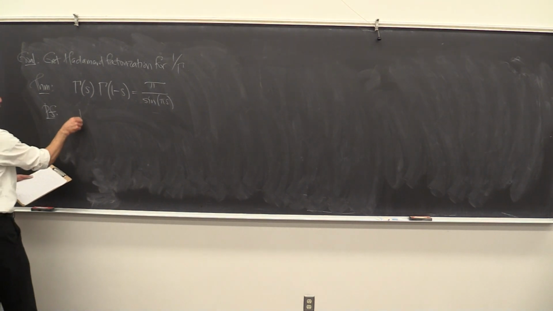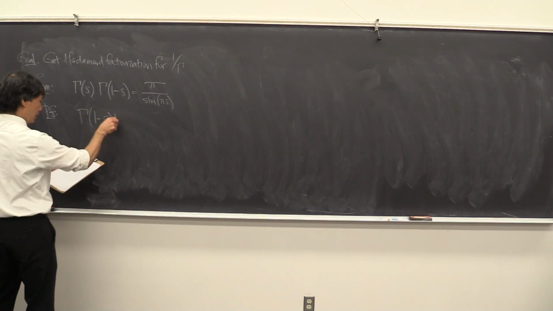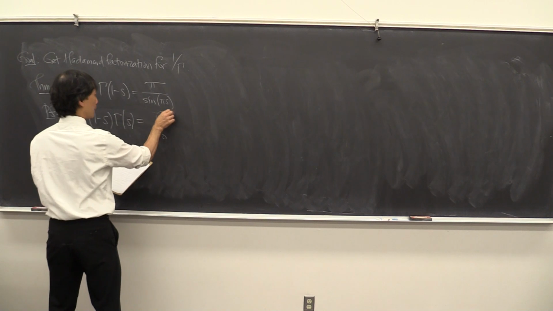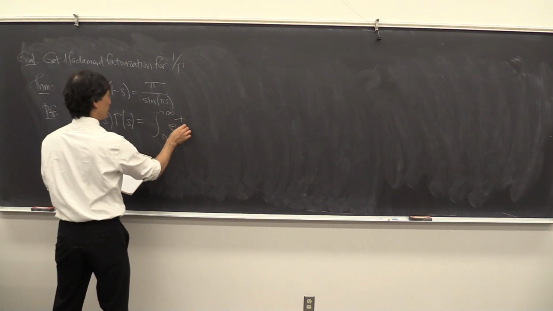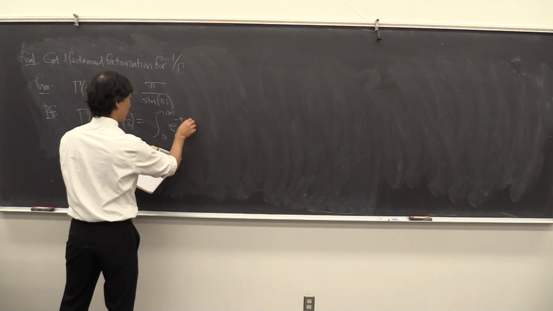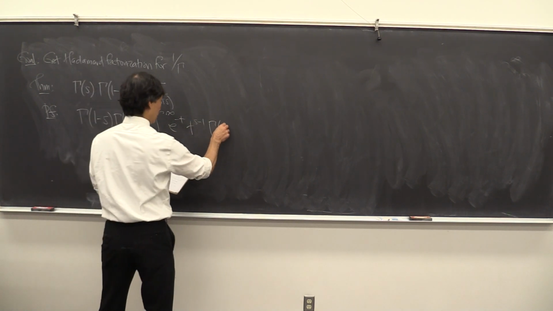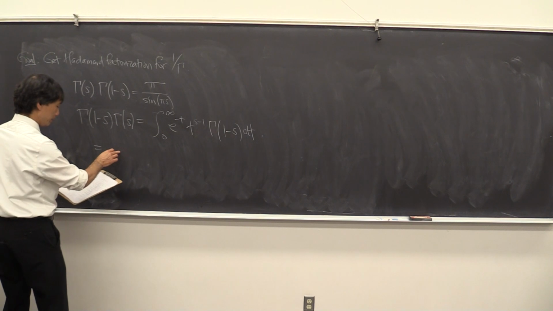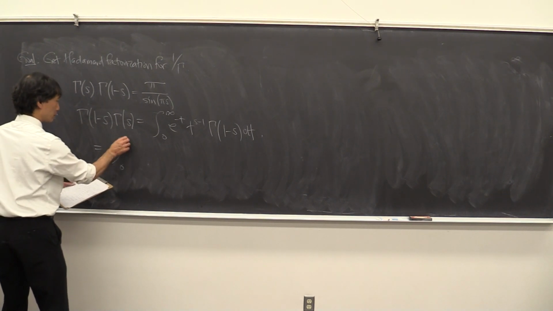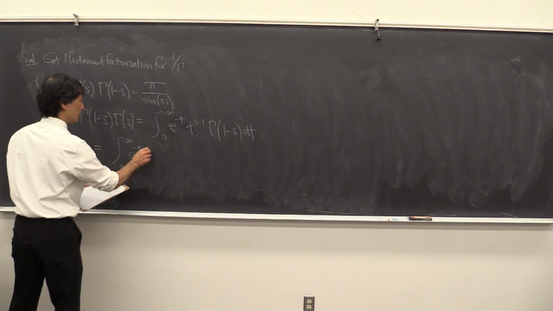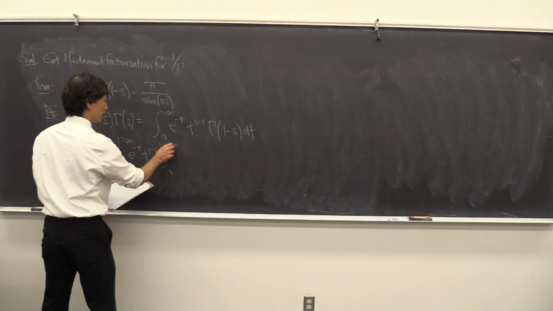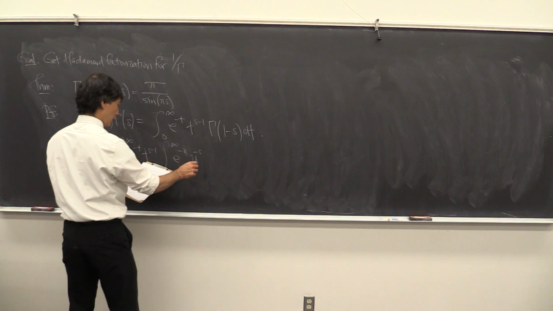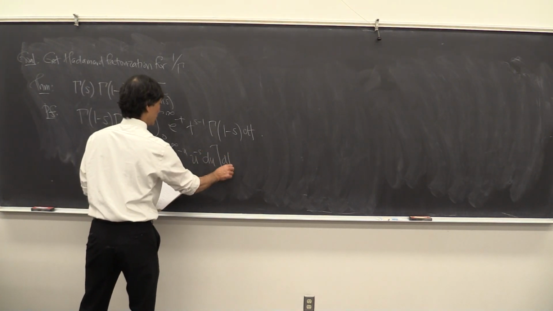Okay, so we just write it out. We take the expression for gamma, throw in gamma of 1 minus s. We get this double integral: the integral from 0 to infinity of e to the negative t, t to the s minus 1, times the integral from 0 to infinity of e to the negative u, u to the negative s, du dt.